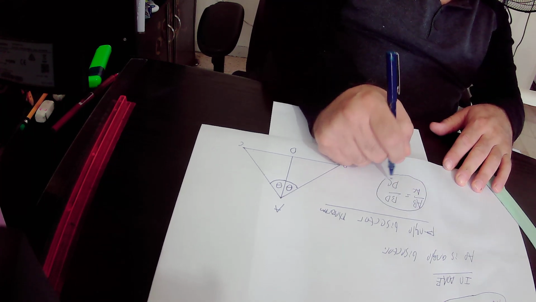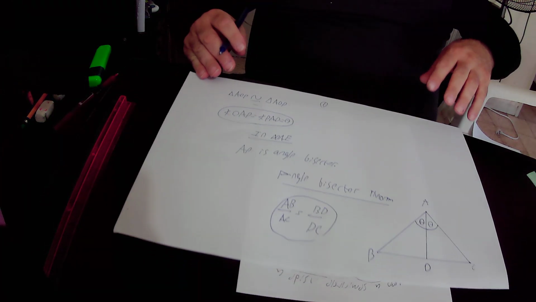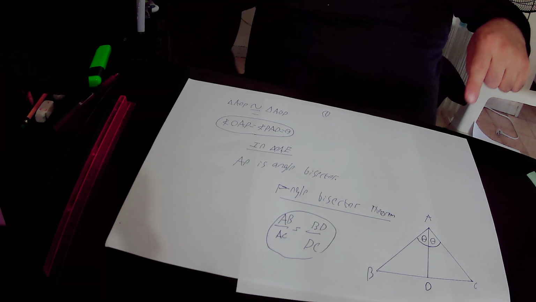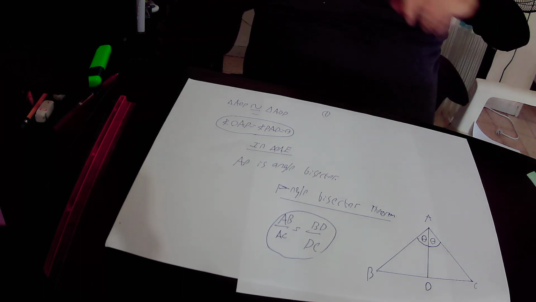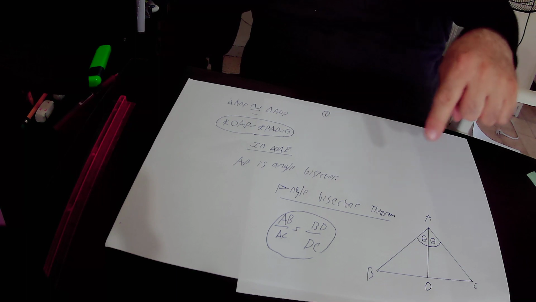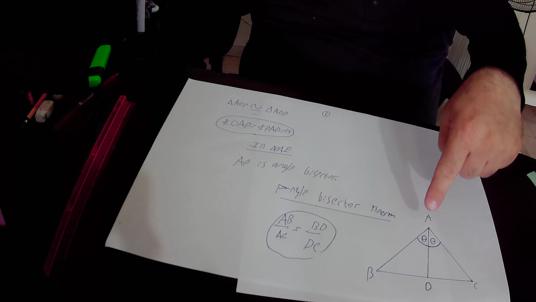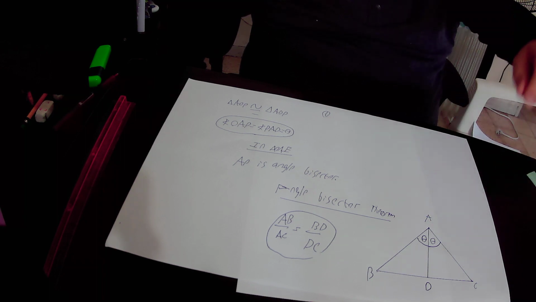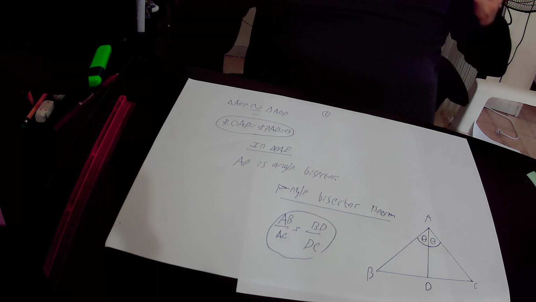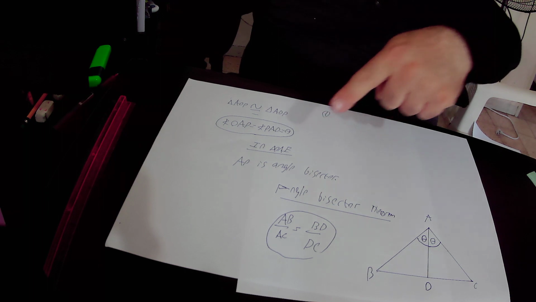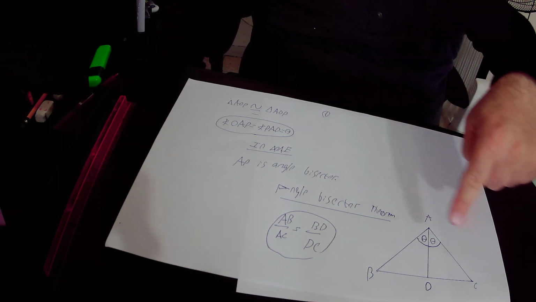Okay, I will repeat again. This is the angle bisector theorem: if we have a triangle ABC, that could be any triangle, and AD is the angle bisector, dividing angle BAC into two halves, the first half theta and the second half also theta, then the following relationship exists: AB over AC equals BD over DC.